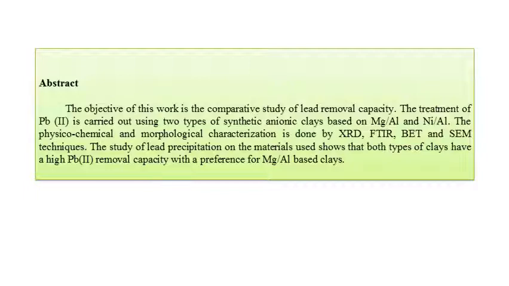The physico-chemical and morphological characterization is done by XRD, FTIR, BET, and SEM techniques. The study of lead precipitation shows that both types of clays have a high Pb2+ removal capacity, with preference for MgAl based clays.